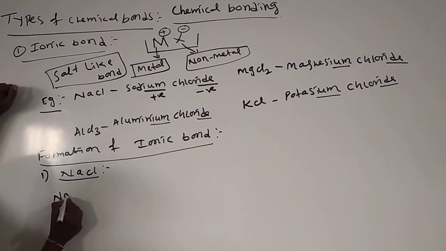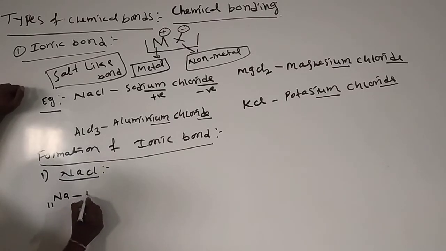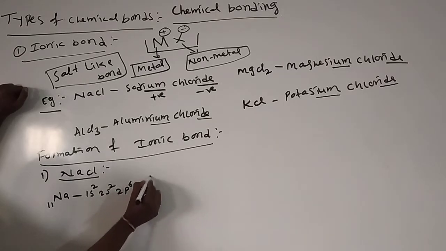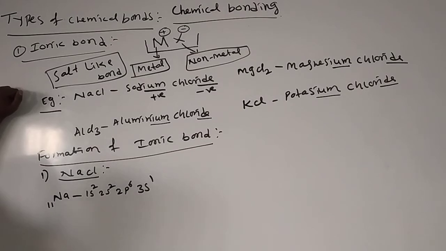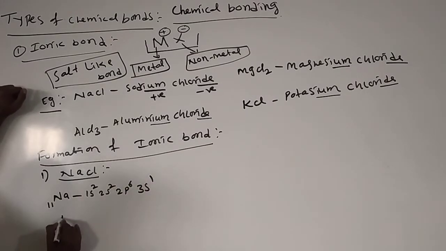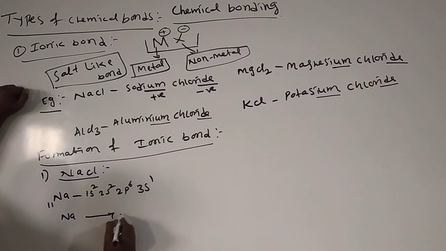First write the atomic number of sodium: 11. The electronic configuration of sodium is 1s2, 2s2, 2p6, 3s1. When sodium loses one electron, it forms the Na plus ion.